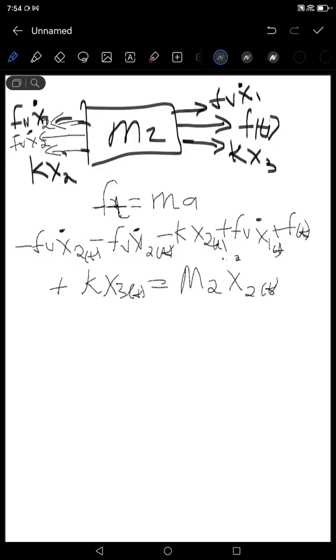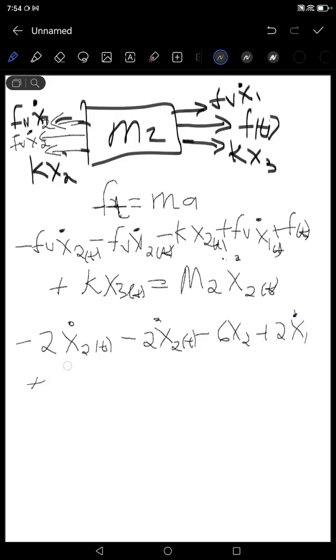So for FV, we're going to have minus 2 x2 dot of t, minus 2 x2 dot of t, minus 6 x2, plus 2 x1 dot, plus f of t, plus 6 x3 of t, equals 4 x2 double dot.